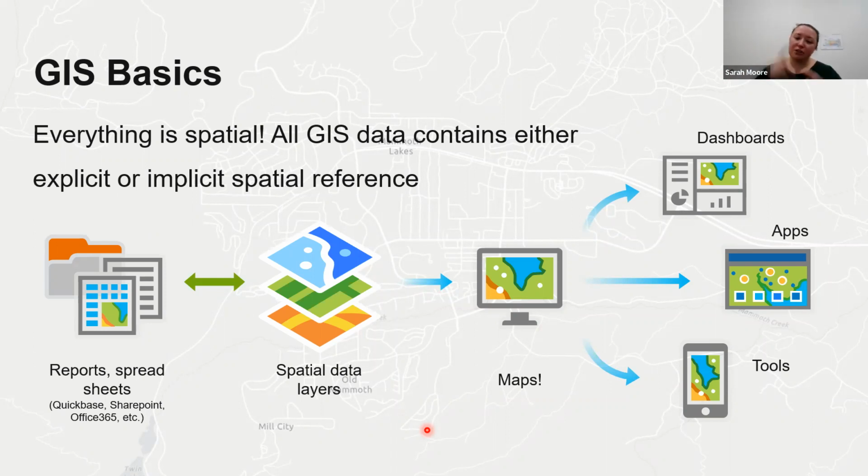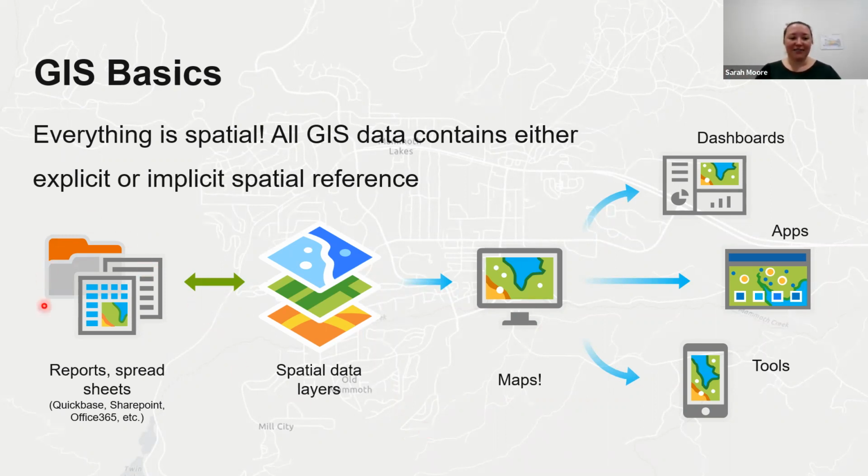Those things don't allow you to plot a point in space, but because we have zip code polygons, we have census blocks, right? County boundaries. We have all of those as explicitly spatial data. We can take that stuff that references that data and we can hook them together so that we can use that information that itself is not necessarily spatial, but it's related to something that is spatial.